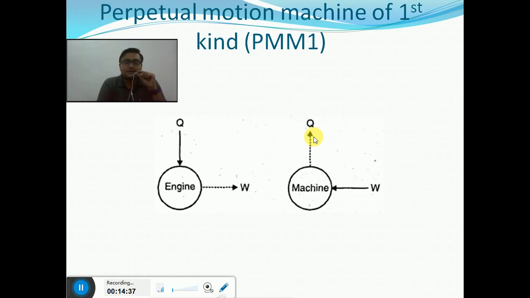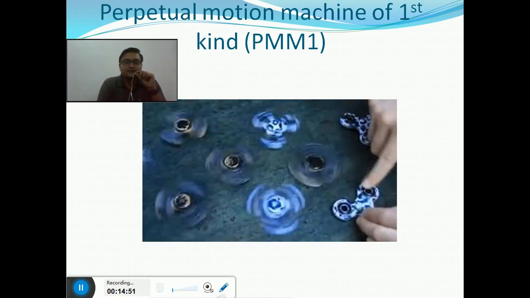But the machines or mechanisms which tend to PMM1 are not PMM1, they will stop after a long period of time. I have one example of it. You have already seen this image before.